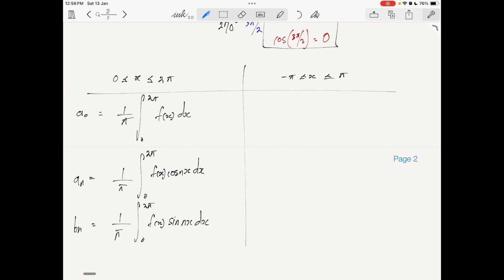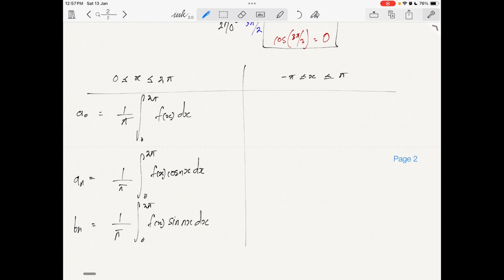And if we move over to the range of minus pi less than x less than or equal to pi, we will notice that it will be the range that will change. Okay, instead of having 0 and 2 pi, we'll be having minus pi to pi. But the constant form here, 1 over pi, will be the same.